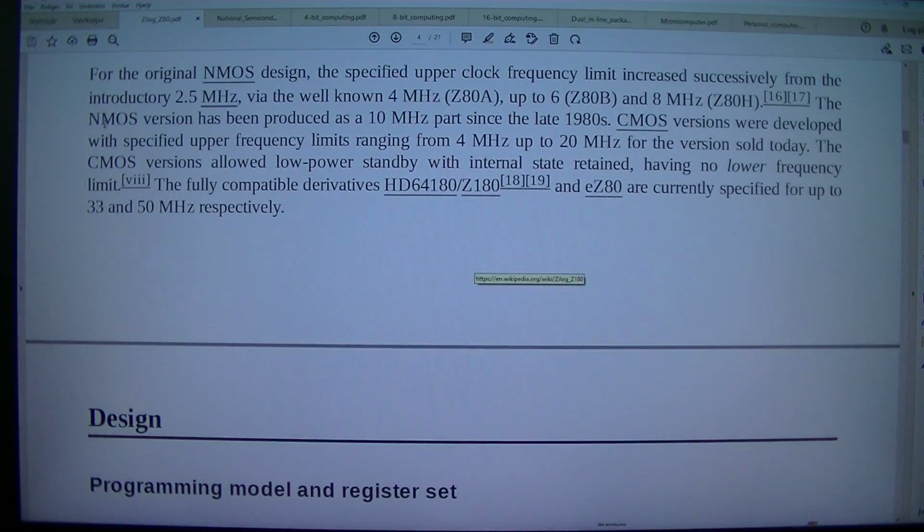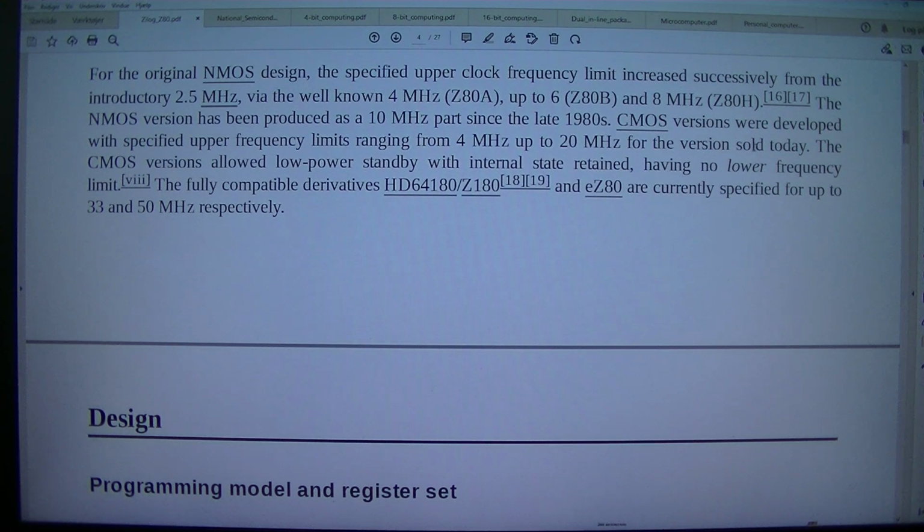For the original NMOS design, the specified upper clock frequency limit increased successively from the introductory 2.5 MHz, via the well-known 4 MHz Z80, up to 6 MHz, Z80B, and 8 MHz, Z80H. The NMOS version has been produced as a 10 MHz part since the late 1980s.